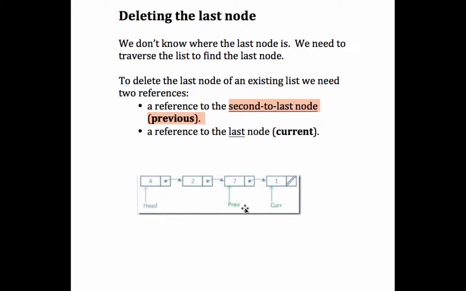And once we have those two, then all we have to do is access the node that is being referred to by previous and set its reference to null. What it does is delete, in a sense, the last node, because we're setting this next field of this node to null, and that will indicate that's the new last node of the list.